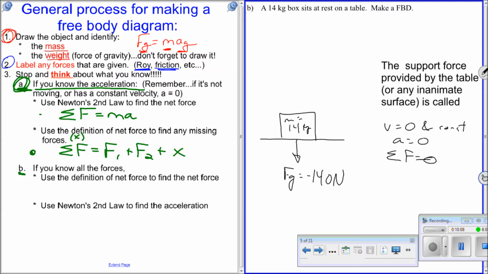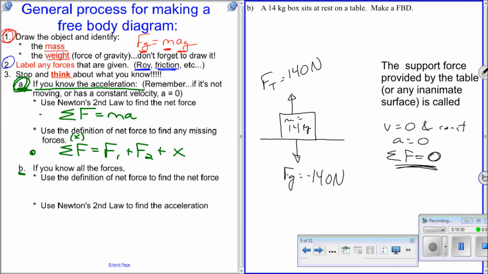And then you look at your drawing over here and you go, well, wait a minute. I've got gravity pulling it down. There's got to be something holding it up. Oh, that's the force from the table, right? Then go through that algebra that we went through before, very simple algebra, and figure out what the force from the table has to be to make your net force 0. And of course, it's got to be 140 newtons, right?